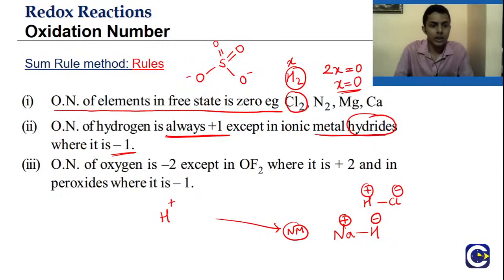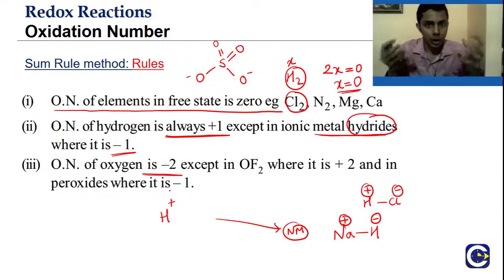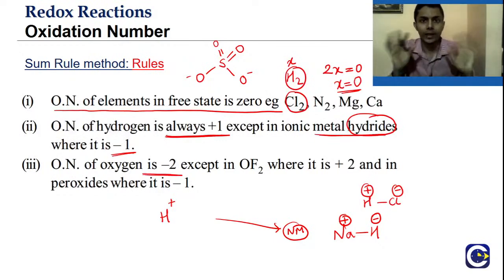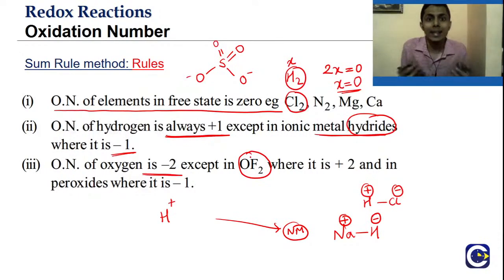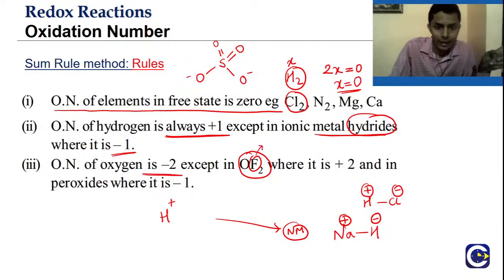Third one, oxidation number of oxygen is minus 2. Same thing. So notional charge on oxygen will be minus 2 in general. But when it is reacting with a highly electronegative atom, for example fluorine, which is very electronegative, fluorine will get negative notional charge, because of which oxygen will get positive notional charge.